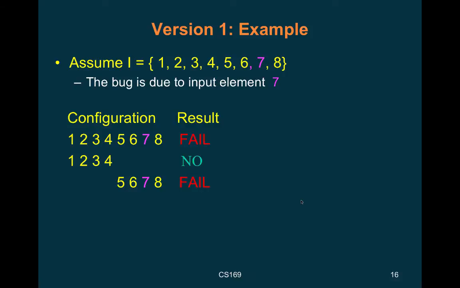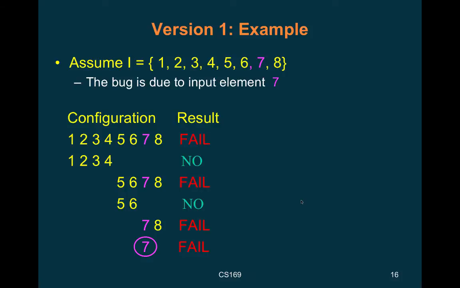Then it starts digging down in here. 5, 6, no. 7, 8, yes. So it keeps going down. 7 fails. It's a singleton. This must be it. There's no way to keep searching, because smaller than 1 element cannot be. This is pure delta debugging, but it's important to realize it only works because of monotonicity.